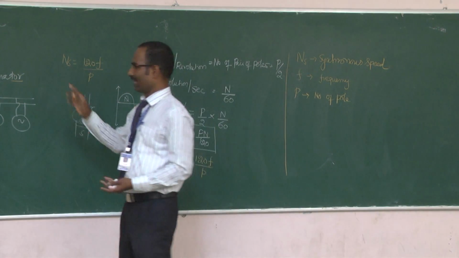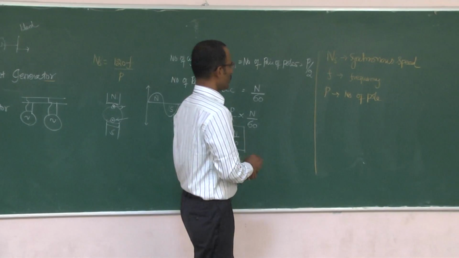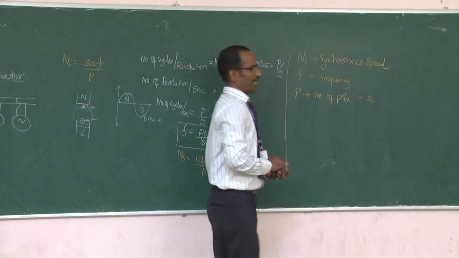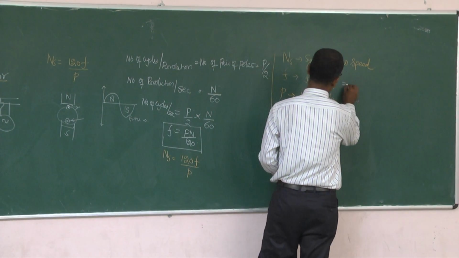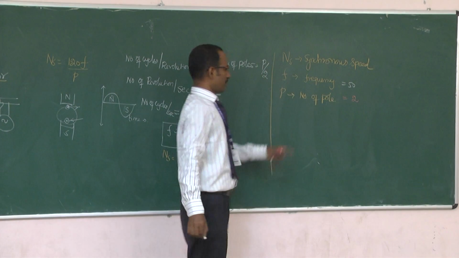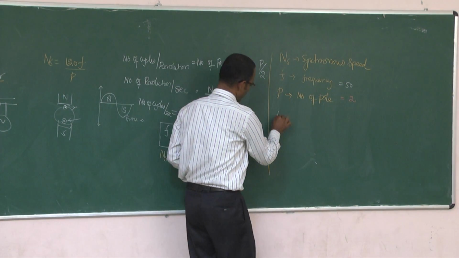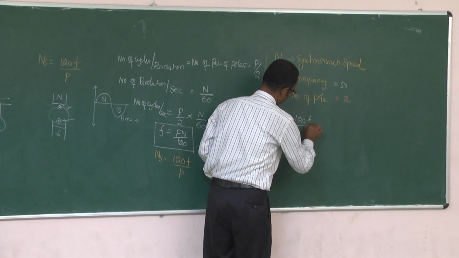Not only for the alternator, for any machine, the number of poles must be an even number. So the minimum possible even number is 2. As per our Indian standard, the supply frequency is 50 Hz. If we substitute these two in this equation, we get the maximum possible speed of our Indian alternators.